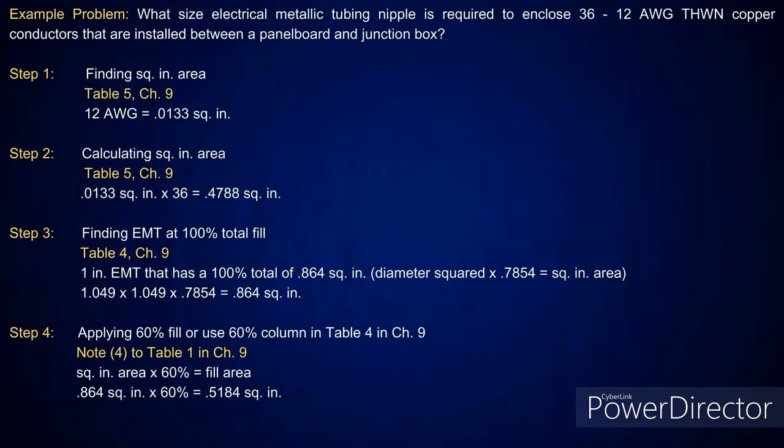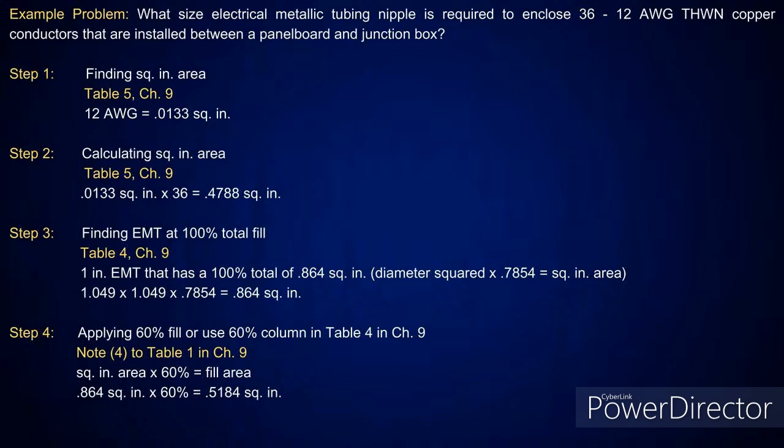Now, let's look at what it can contain. This is the way we used to do the calculation, but now you can go over to Chapter 9, Table 4, and it'll have the 60% fill that shows you what that square inch is. Before they did that in the table, which was 3-4 cycles ago, you actually had to perform this calculation per Chapter 9, and you would look at Table 1, and then Note 4, and you would have to know how to get that 100% fill.